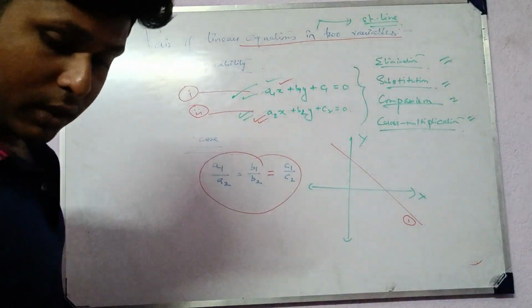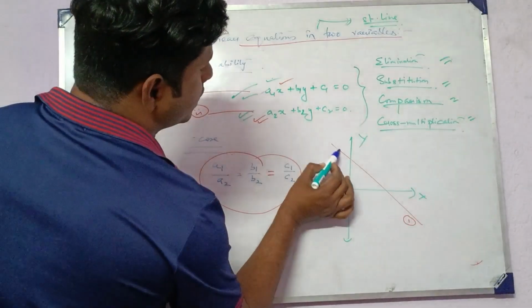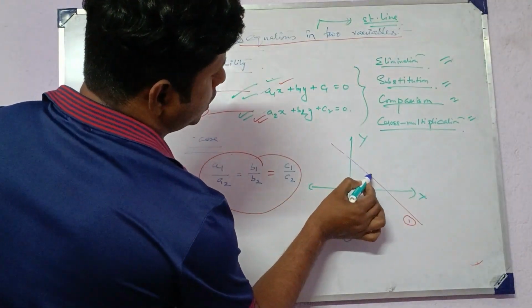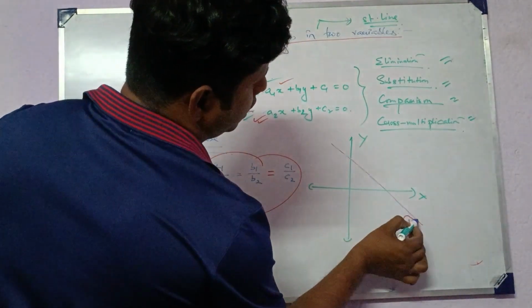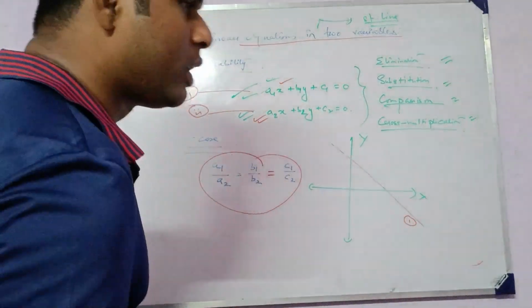That means the second line lies on the first line, এরকম করে. That means the two lines are overlapping.